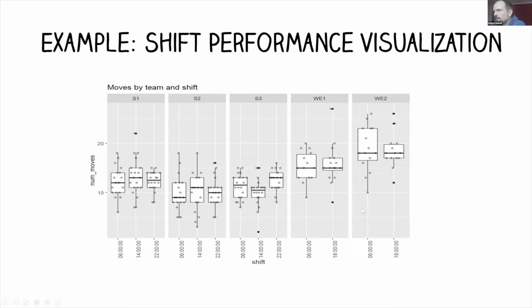That's why we generally see a different baseline in the shift performance, because the weekend shifts work 12 hours, which is not accounted for here. Nevertheless, we can still compare the weekend shifts between each other, and we could also compare the shift ID, whether there's a difference between the morning and the night shift. But it doesn't seem that there's any striking difference at all between the morning and the night shift during the week.